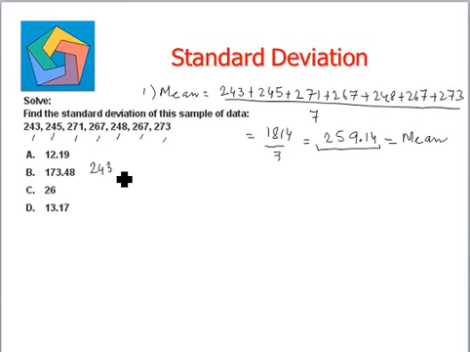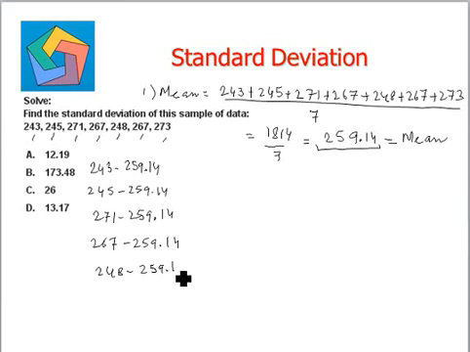First let's write down 245 minus 259.14, 271 minus 259.14, 267 minus 259.14, 248 minus 259.14, 267 again minus 259.14, and the last 273 minus 259.14.